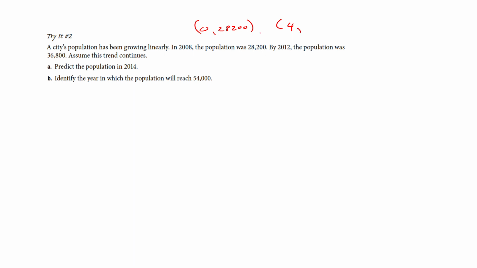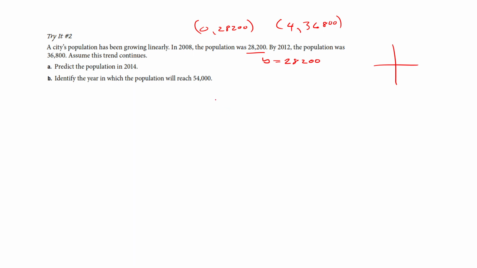So I'm going to call this 0 and 4, in relationship to the start. And so 36,800 is the second. Well we know B, because if this is the initial population, then that's B. That's when x is 0, and if x is years, then that's our initial population.